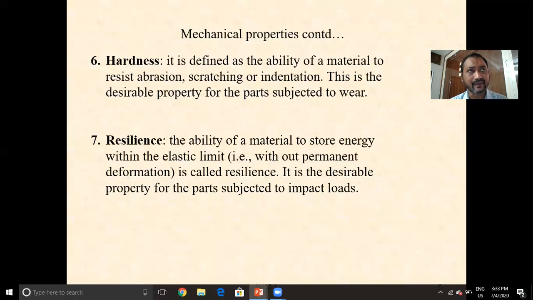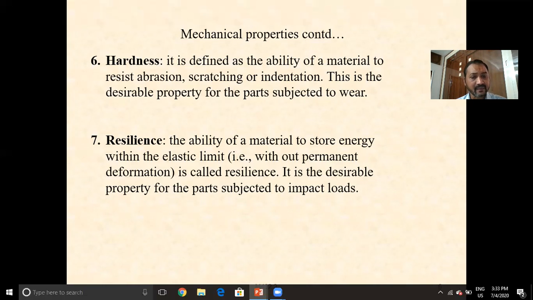Some examples of harder materials are tungsten carbide, stellites, and high carbon steels. Those materials are selected to make cutting tools so that wear is very less, and they are able to cut other materials.